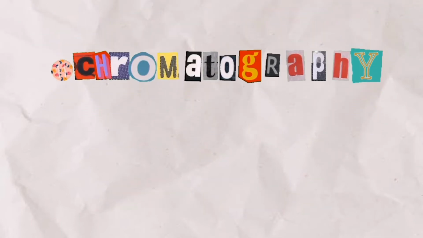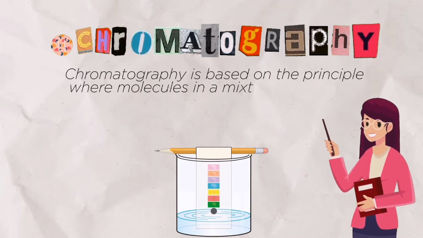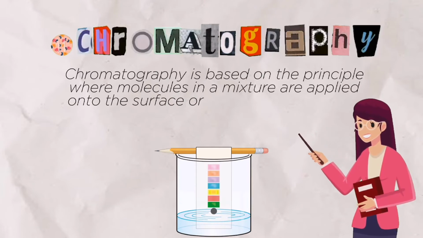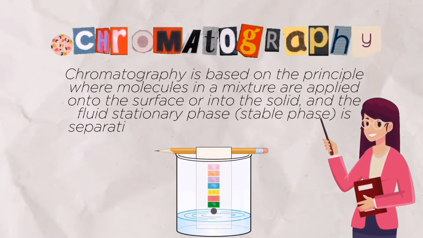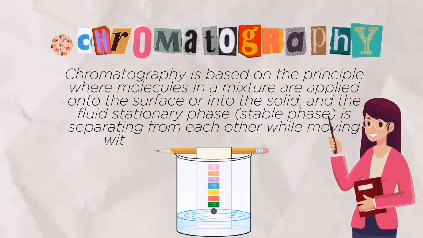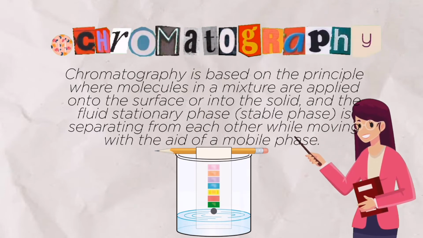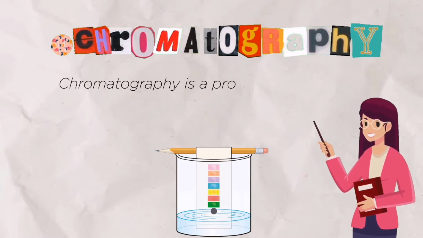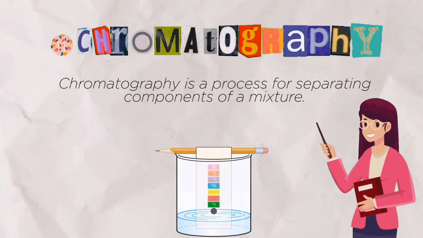Chromatography. Chromatography is based on the principle where molecules in a mixture are applied onto the surface of a solid or into a fluid, the stationary phase, and separate from each other while moving with the aid of a mobile phase. So chromatography is a process for separating components of a mixture.